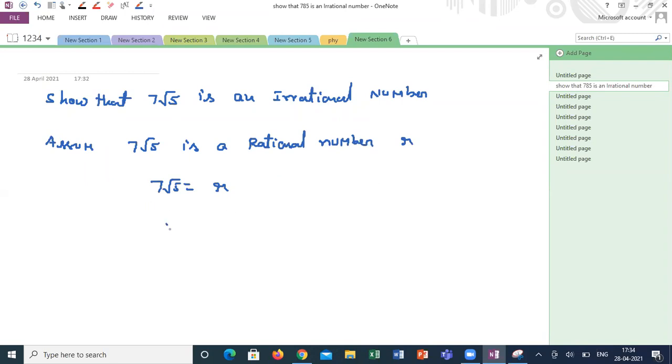So I can write root 5 is equal to R by 7, where R is a rational number and 7 is also a rational number.